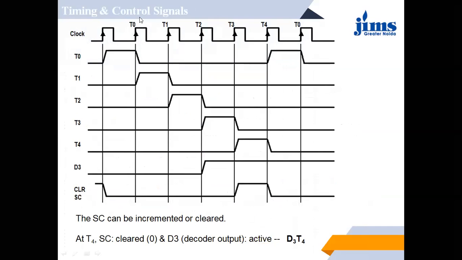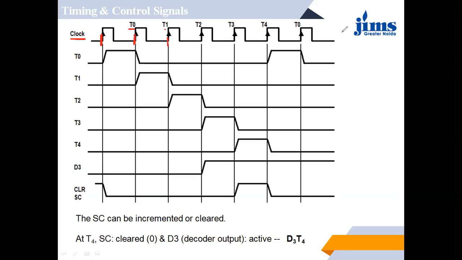From here, we can say that this is a clock, this is one cycle of a clock. So for the first cycle I wrote T0, this is another, so I wrote T1.